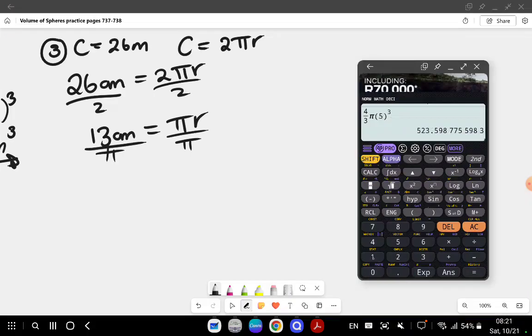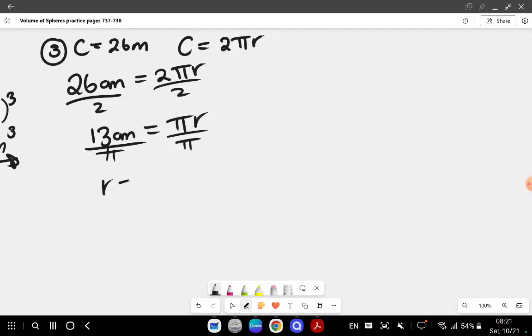So 13 divided by pi, which means my r is 4.12. R equals 4.12.